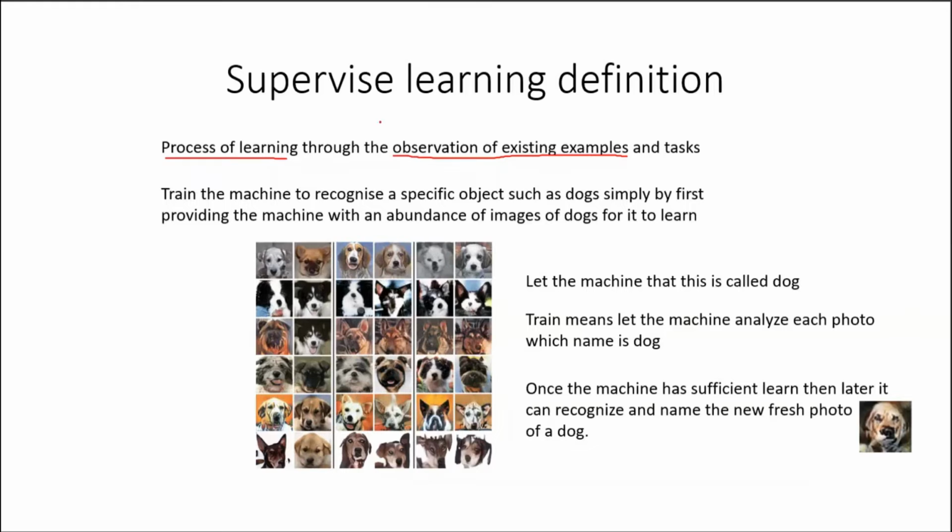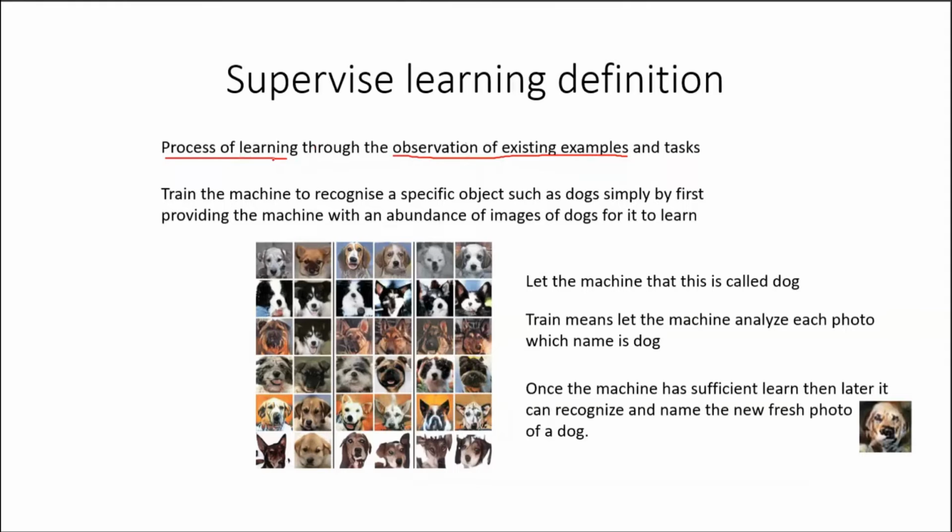Supervised learning is basically part of the learning of a machine through the observation of existing examples. It can learn from the examples so that the machine can have more knowledge and experience. When it can learn from examples of data, the machine can be more experienced and knowledgeable, because when it learns, it stores the pattern of the data.